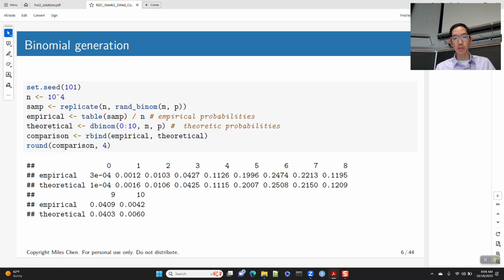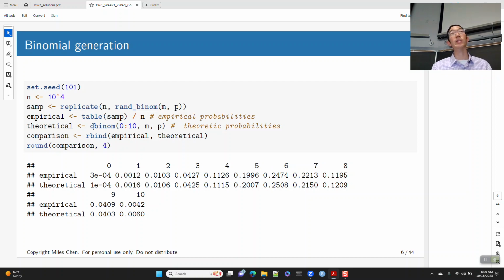So it's going to count how many times 0 appears, how many times 1 appears, how many times 2, 3, 4, 5, 6, 7, etc. And we'll divide that by 10,000 to see how many times the number 6 appeared. And so out of 10,000 trials, it appeared 2,474 times, and therefore my empirical probability estimate is 0.2474. And I can compare my empirical values to the theoretical probabilities.